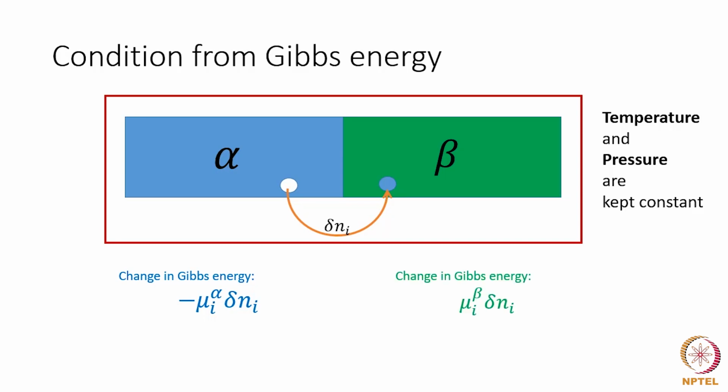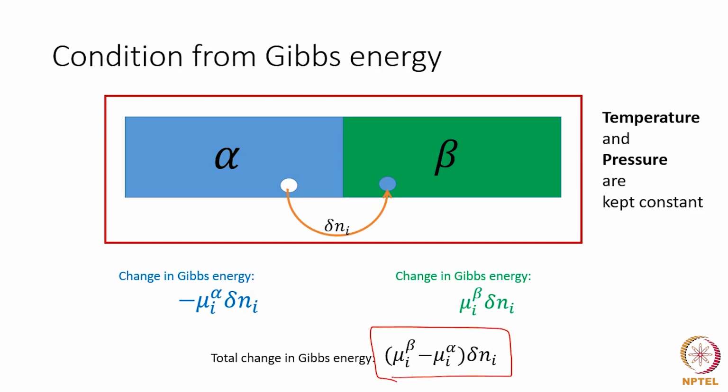And the change in the Gibbs energy of phase beta is mu I beta into plus delta Ni, that is the number of moles that are added to the beta region for species I. So the total change in the Gibbs energy is the sum of these two changes, which gives us mu I beta minus mu I alpha into delta Ni.